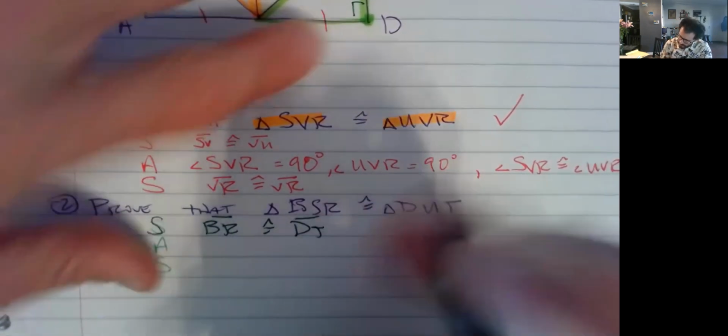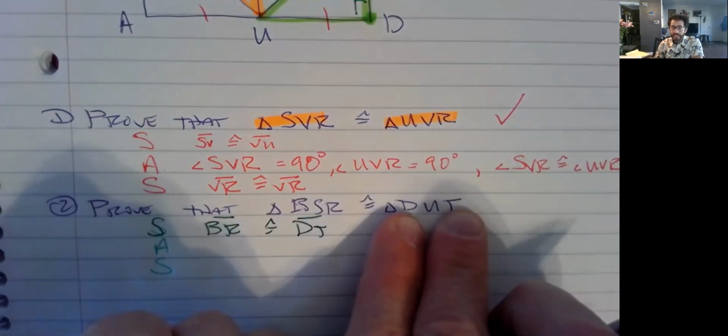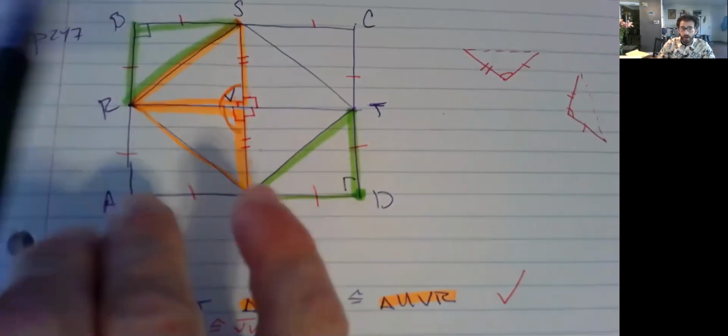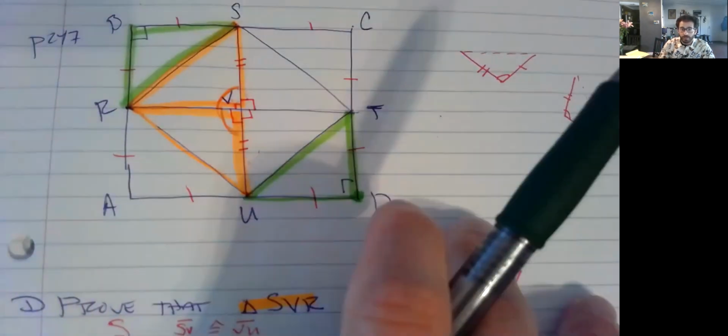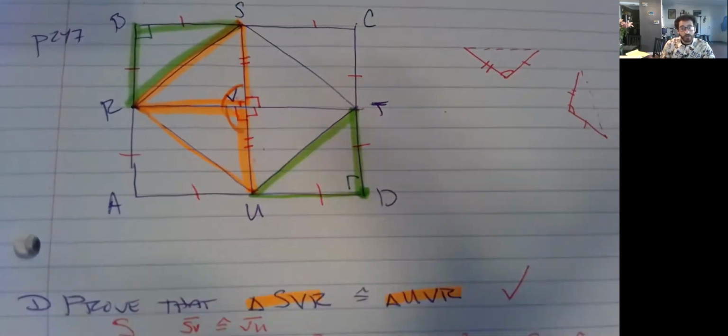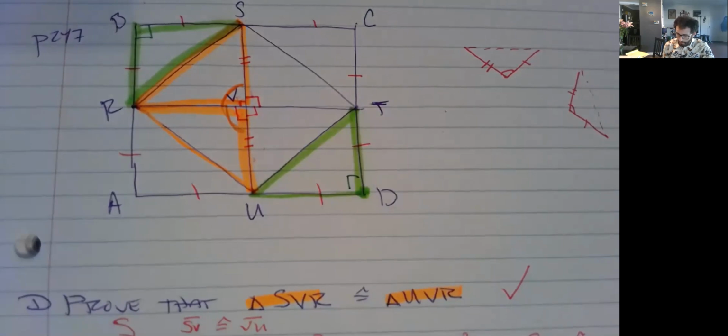See how it's BR, it's got to be DT. They're congruent, right? And that was given. They gave us that R, S, T, and U are midpoints of the respective sides, and the whole big shape ABCD is a square. So all those sides are equal. If you split those sides in half evenly, then every half is equal to itself. That was a given.